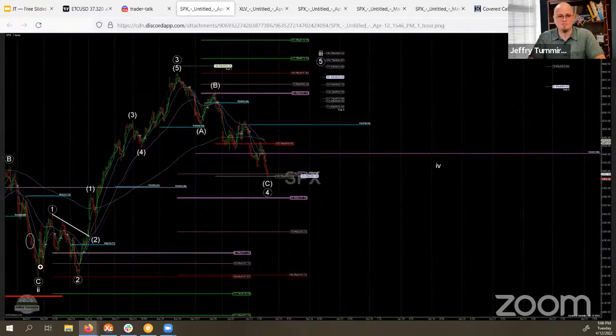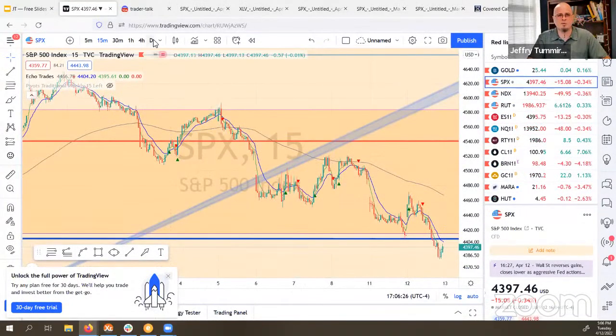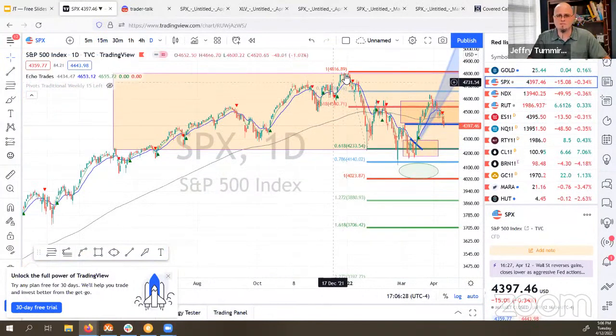We were in this consolidation through March. And let me pop out to a bigger chart here where we can talk about this. Go up to the daily chart. So we started out right at the end of the year. We got 4 days into January with a little rally, and then we started this correction.